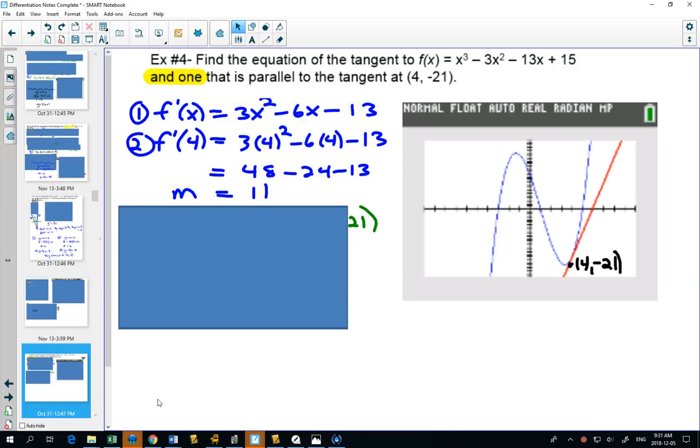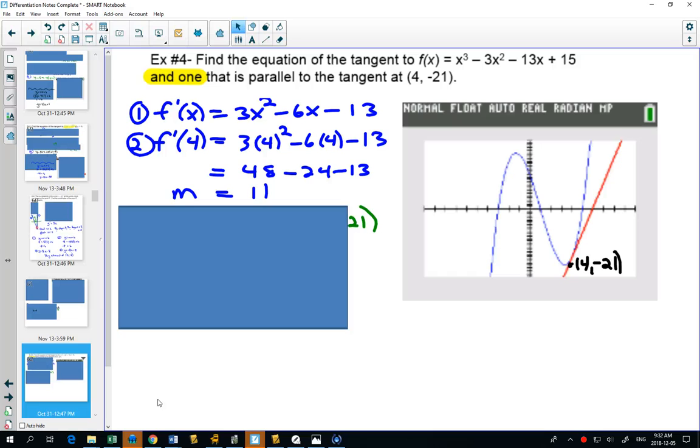They're just asking you to find the derivative. And then for part 2, if we find the one parallel to the tangent at (4, -21), we have the derivative, plug in 4.